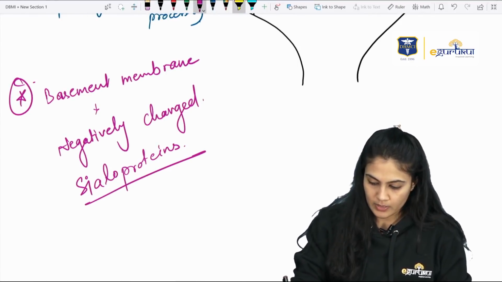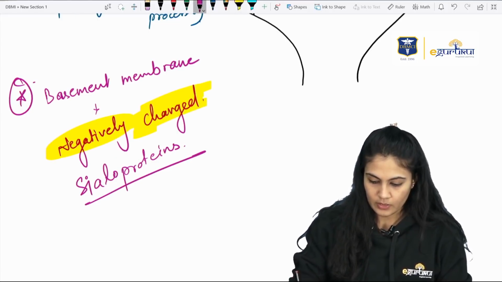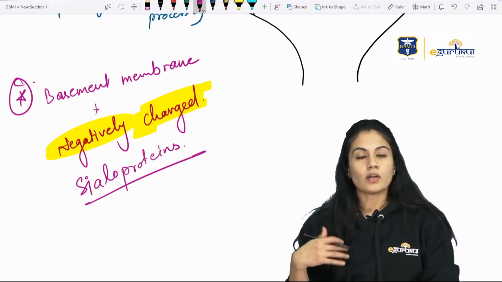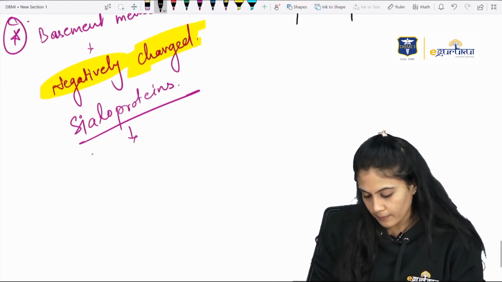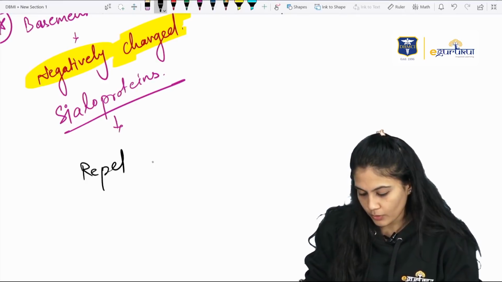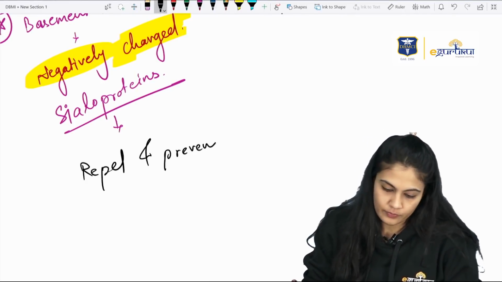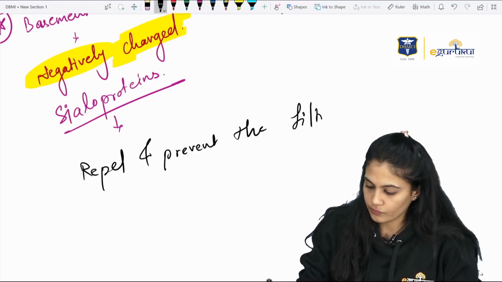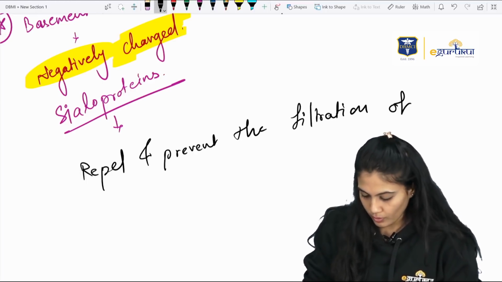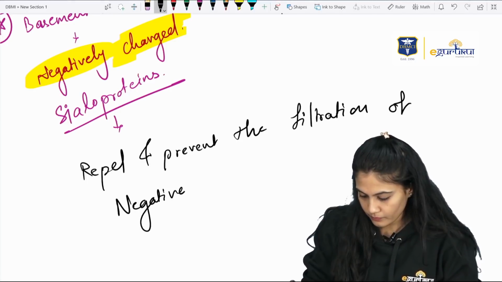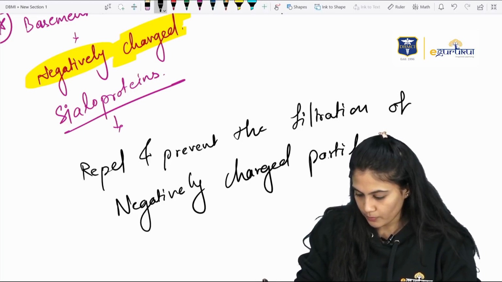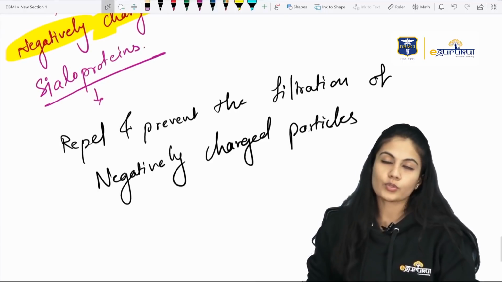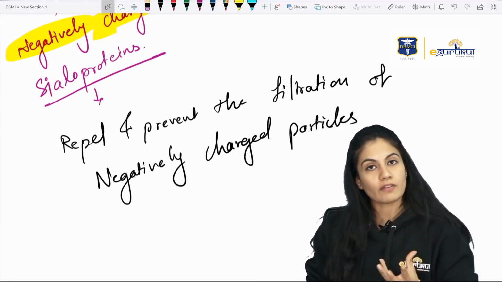The important part is that they are negatively charged, right? So if they are negatively charged, what are they going to do? They are going to repel and prevent the filtration of negatively charged particles.